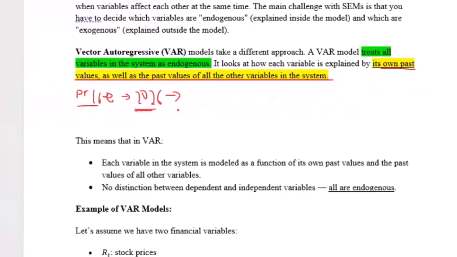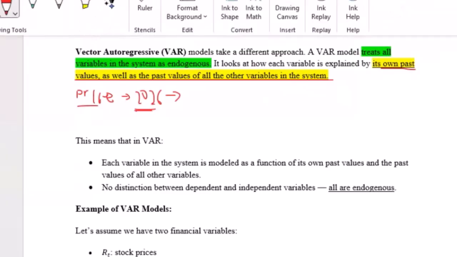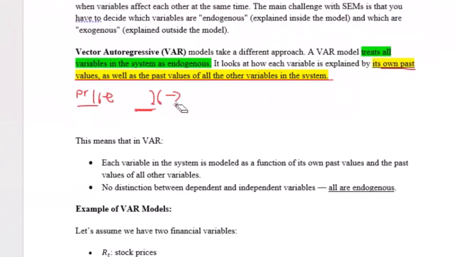So we are saying that in VAR models, we treat them as endogenous variables. And when you talk about endogenous variables, we are trying to see how a variable is explained by the past values of its own, as well as the variables of all other variables in the model. So I guess we have got that concept. That one is important. That one is the basis. Then we can continue.